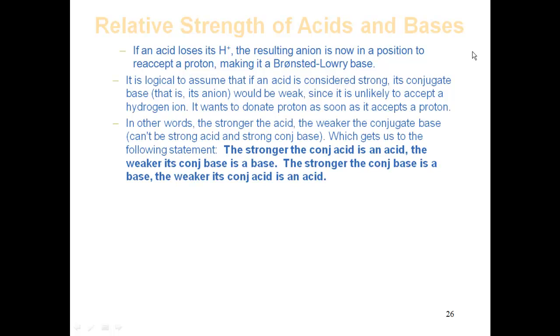In other words, the stronger the acid, the weaker the conjugate base. It can't be a strong acid and a strong conjugate base. So if it's a strong acid, it's got to be an extremely weak base.